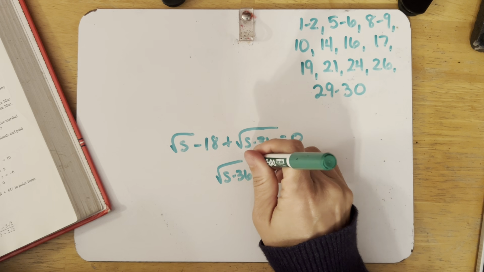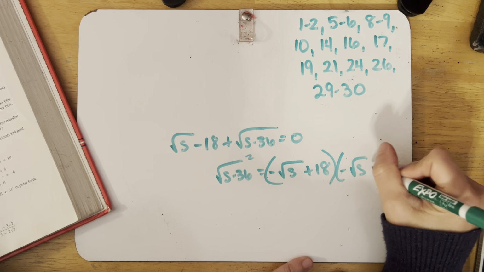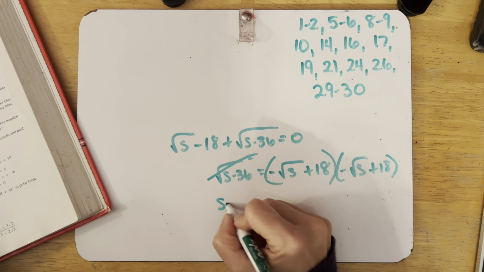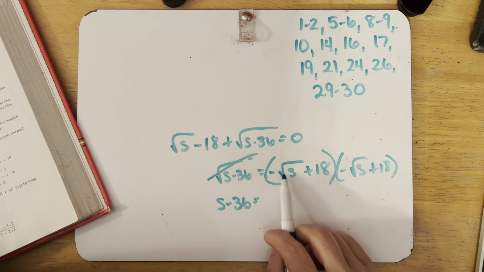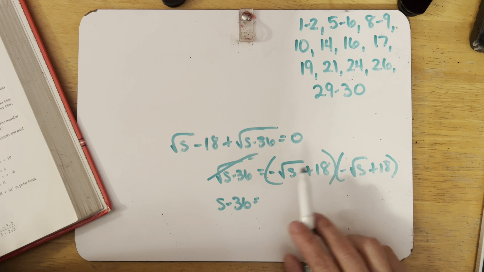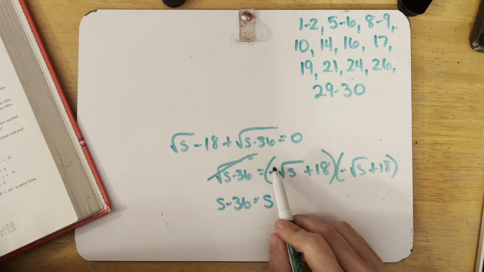Okay, and I'm going to square both sides. That means I'm going to be FOILing this. Okay, so these cancel out. S minus 36 equals, all right, the square root of s times the square root of s, the negatives cancel to become a plus, and the square roots cancel, so we just have s.